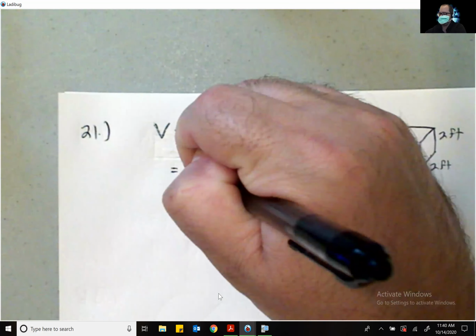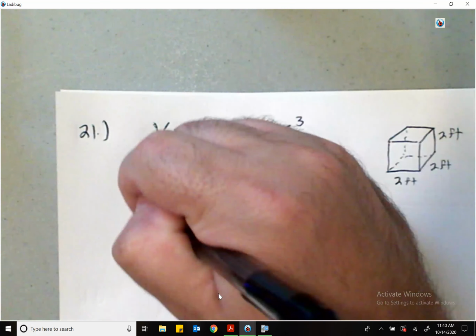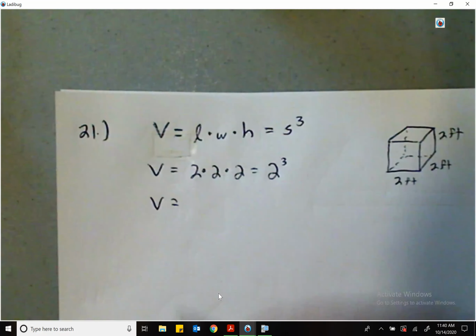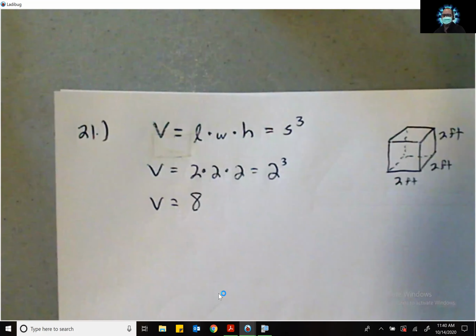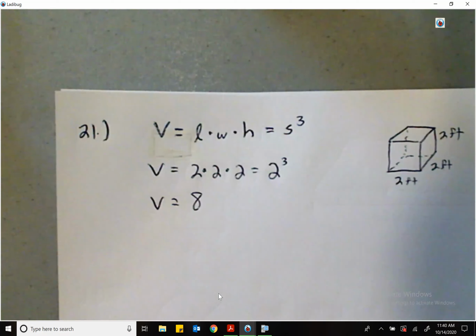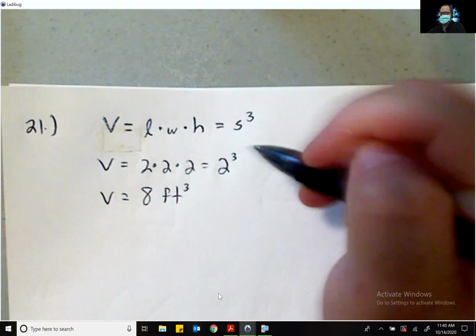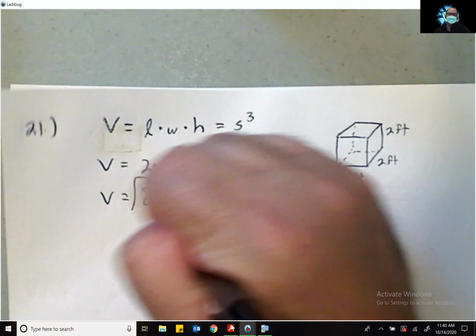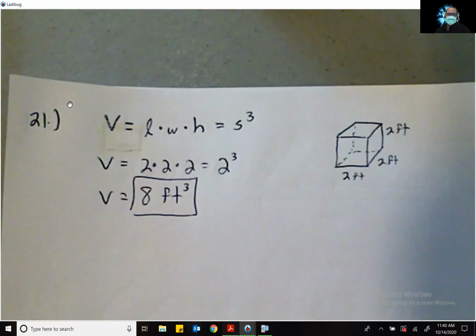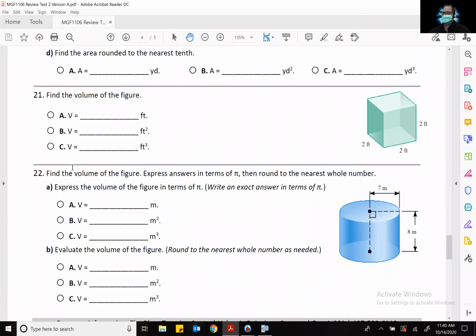What do we get? 8. 8 what? What's the label? Feet cubed. Feet cubed, because it's volume. There you go. So we would select A, B, or C. Oh, that would be C. Okay. Moving on.